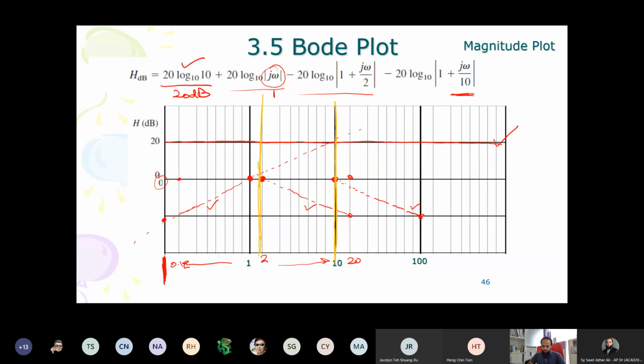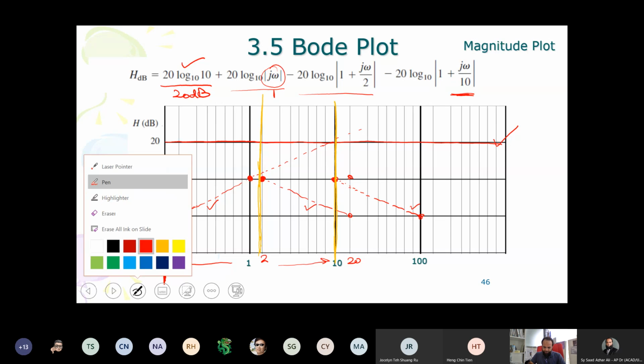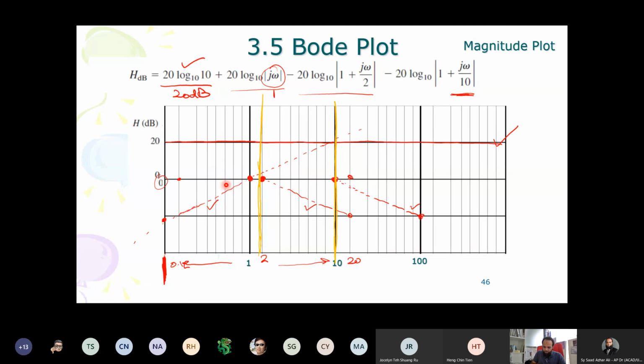Okay, and when we move forward this way, we will be adding these 2, right? So there is minus 20 and plus 20. This makes it 0. And then this remains the same, but this is adding up until this line, right?